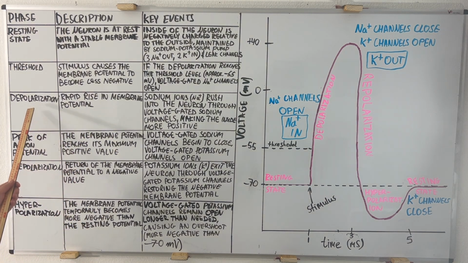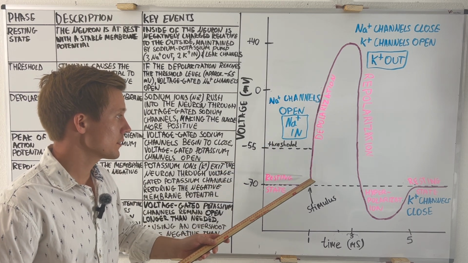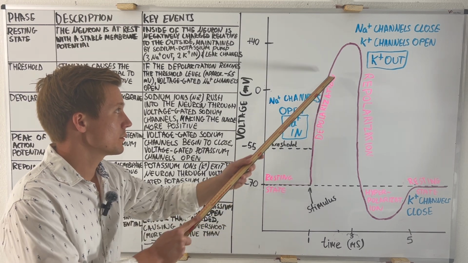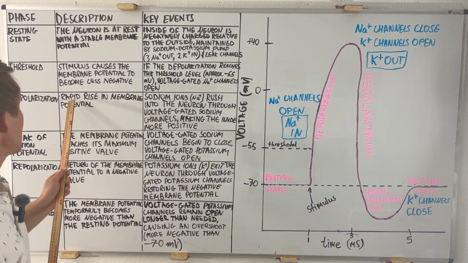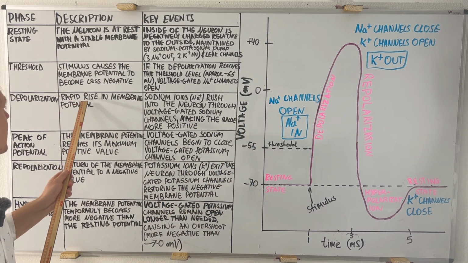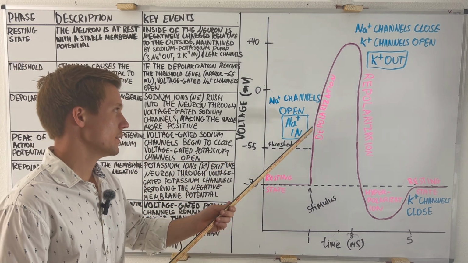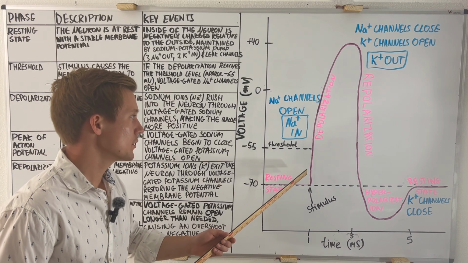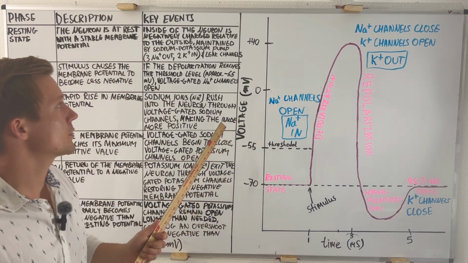Moving on, we have the depolarization, which is right here. It follows along this flat line in the vertical orientation, and it's characterized by a rapid rise in membrane potential. And indeed, we can see that's also true. It goes very quickly up until it hits the +40 peak.